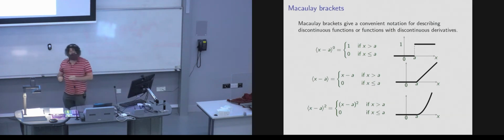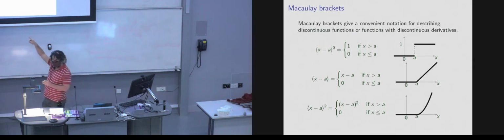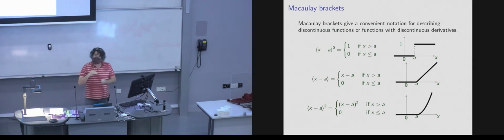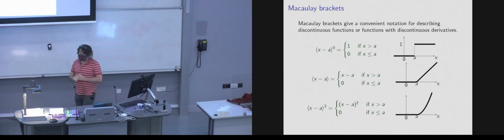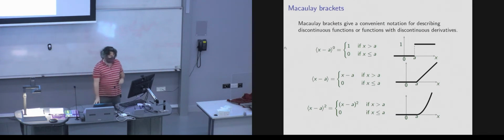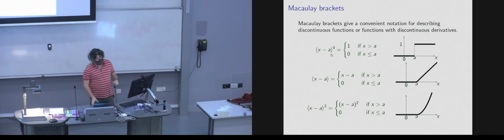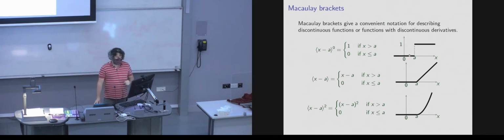When we have the Macaulay bracket with the 0 exponent, that's a step function, a function which is 0 up until a, and then jumps up to 1. The a in x minus a tells us where the jump is, and it's 1 if what's inside the bracket is greater than 0, and 0 if what's inside the bracket is less than 0. So this gives us a jump.